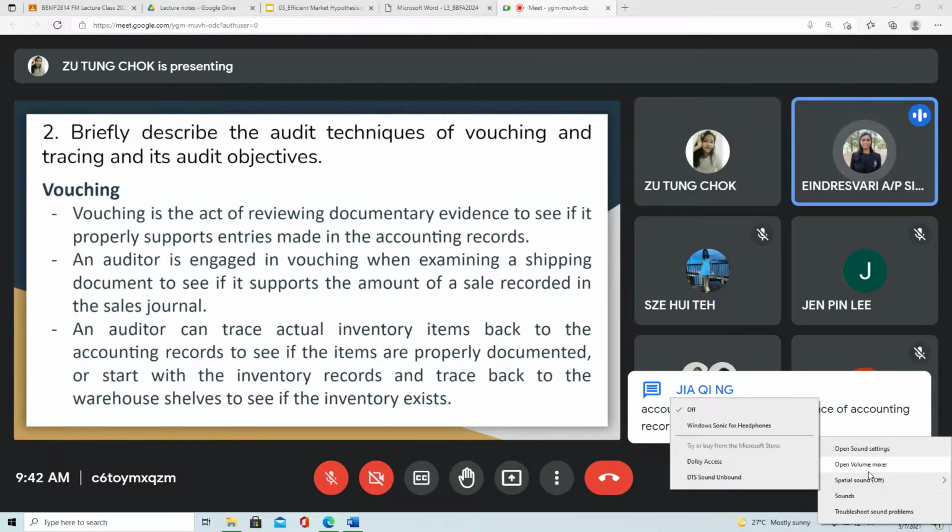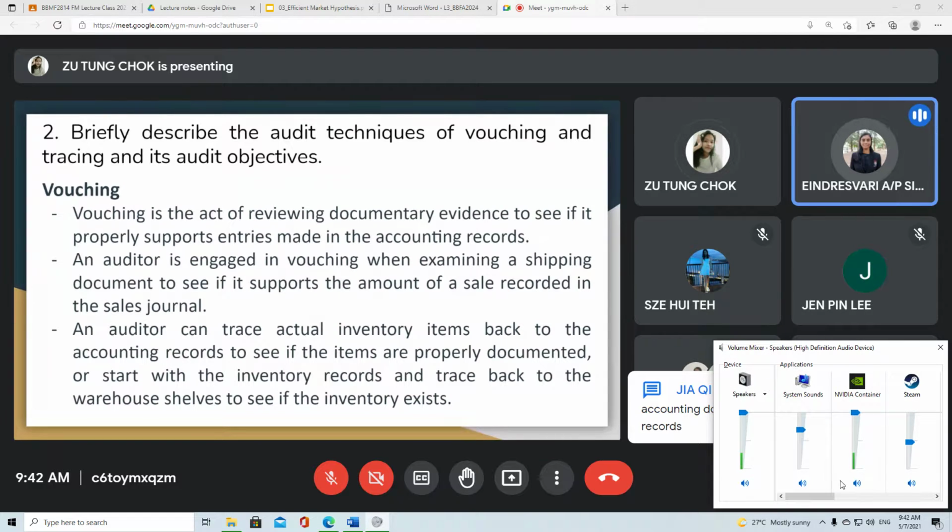Okay, source document is the input, accounting record is the output.